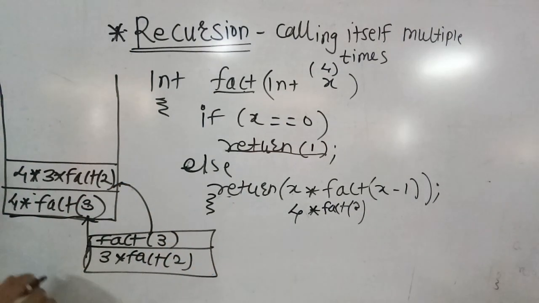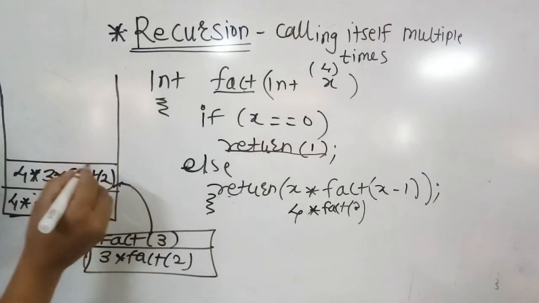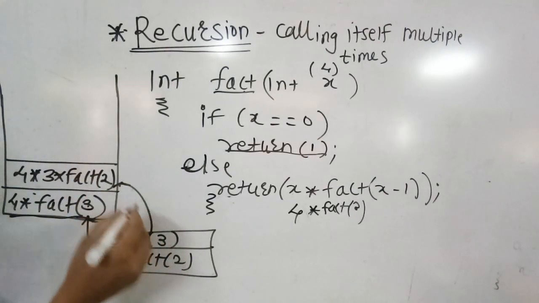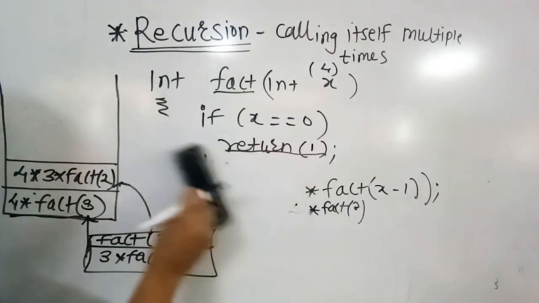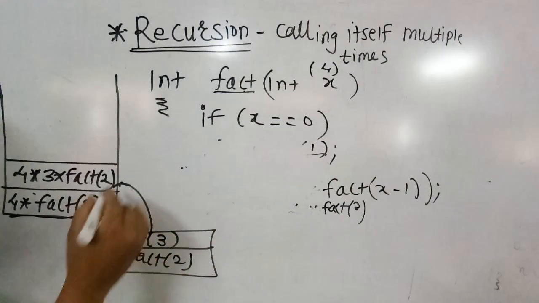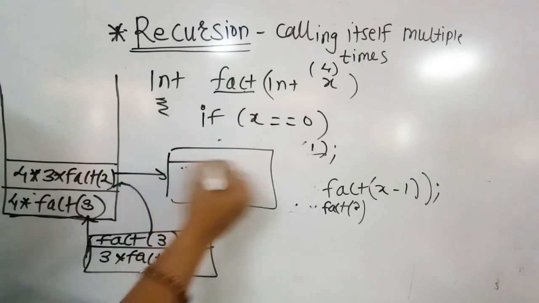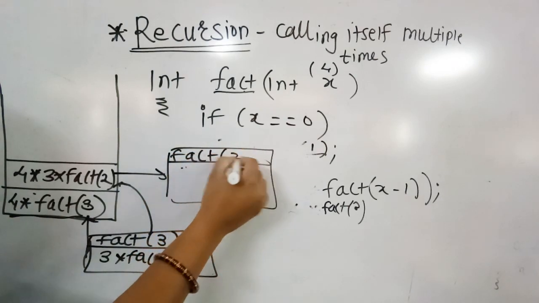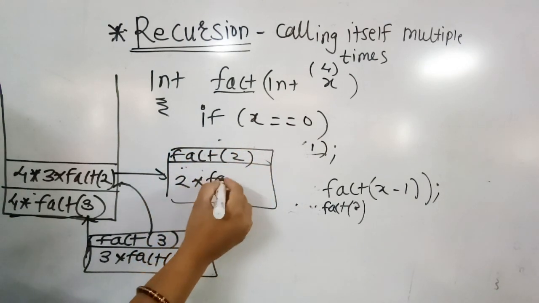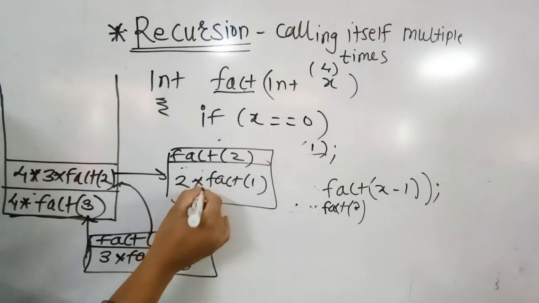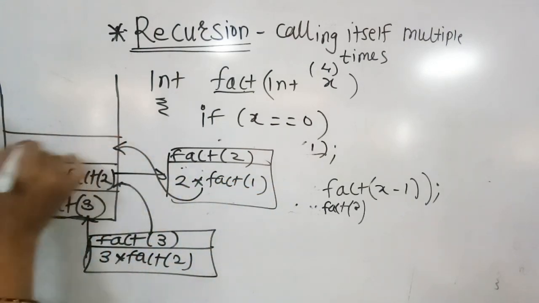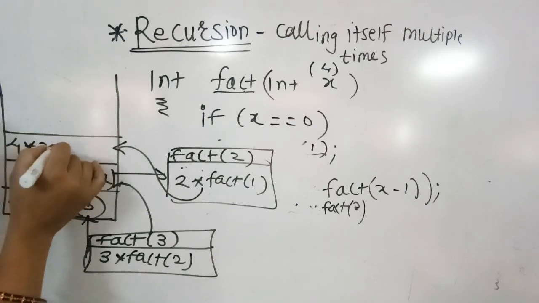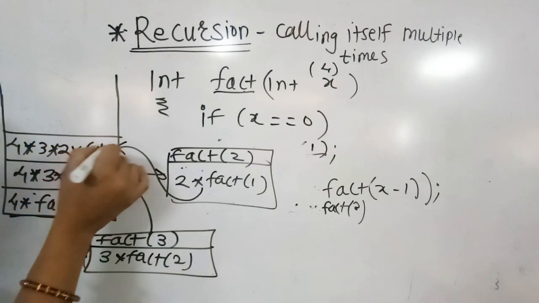Again for this, fact of 2 is nothing but 2 into fact of 1, and this is written here as 4 into 3 into 2 into fact of 1.